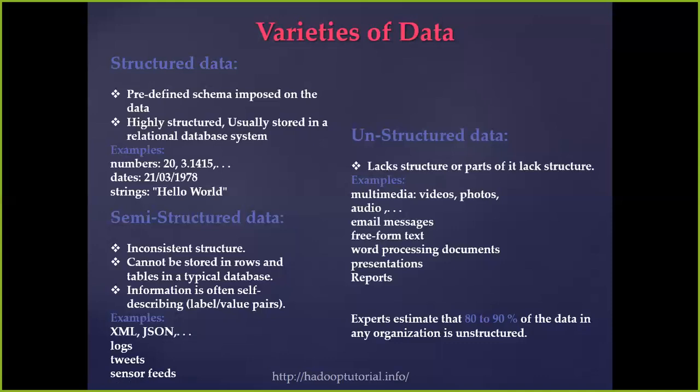Okay, so most of the times, most of your incoming source data is in this area, and you will apply some kind of transformations and bring that data into structured formats. So you can see this as an ETL process.